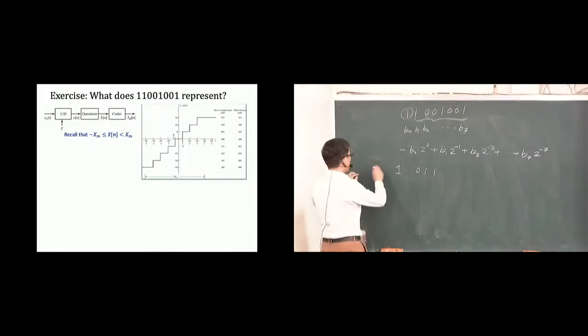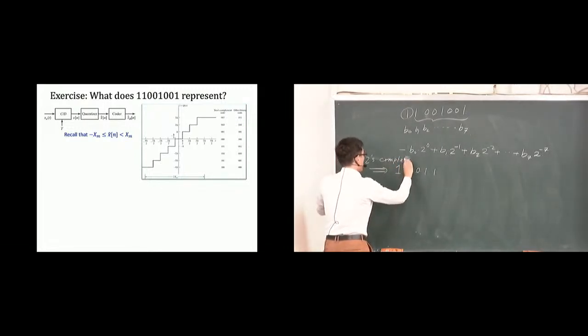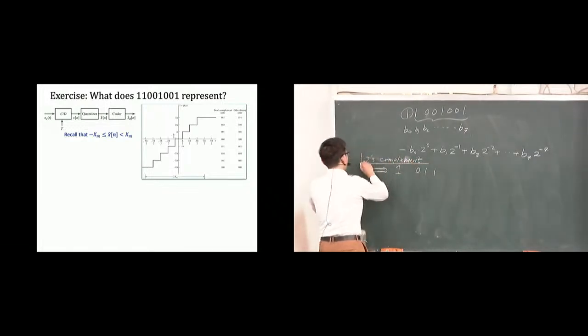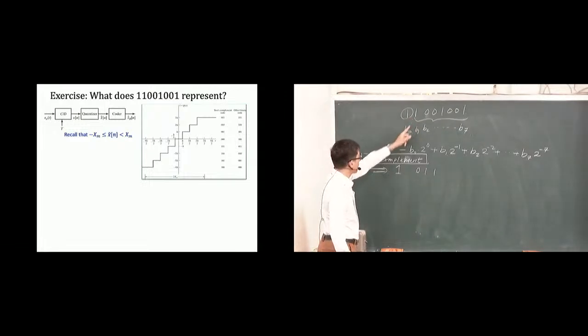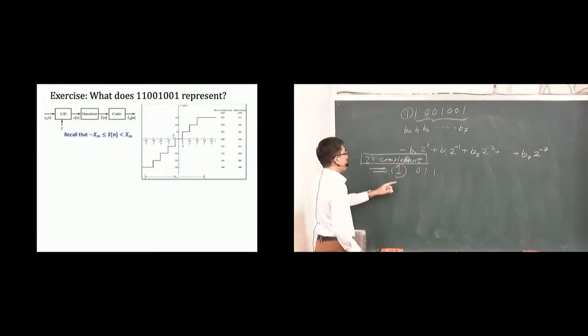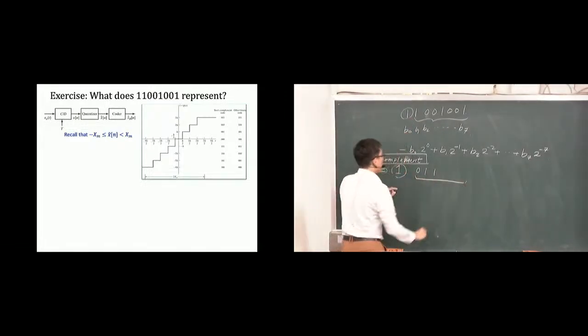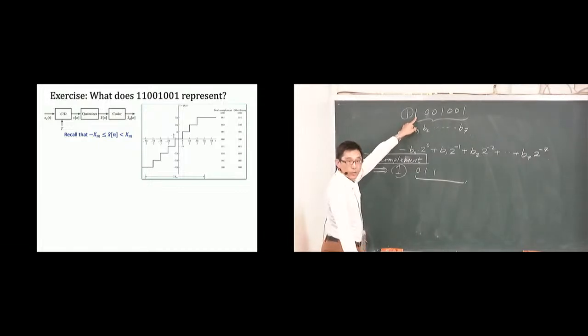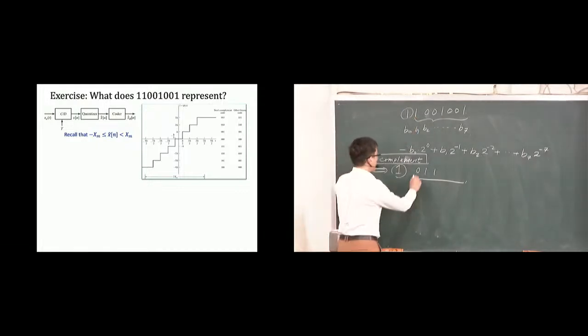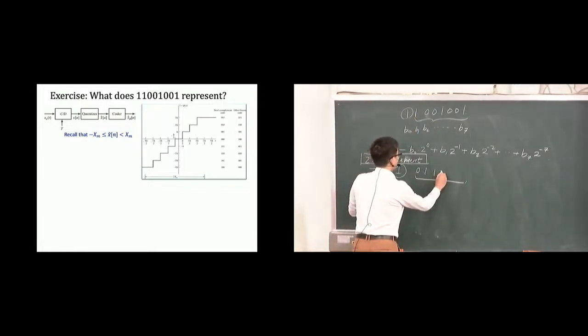That's two's complement. Complement means to do the opposite. You keep the leading 1 here, but for the next 7 bits, change 1 to 0 and 0 to 1: 1 to 0, 0 to 1, 1 to 0, 0 to 1.